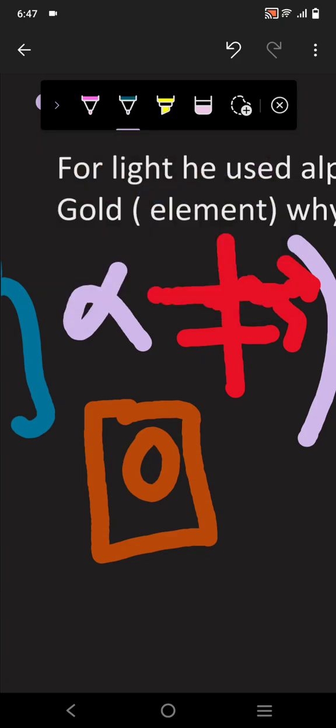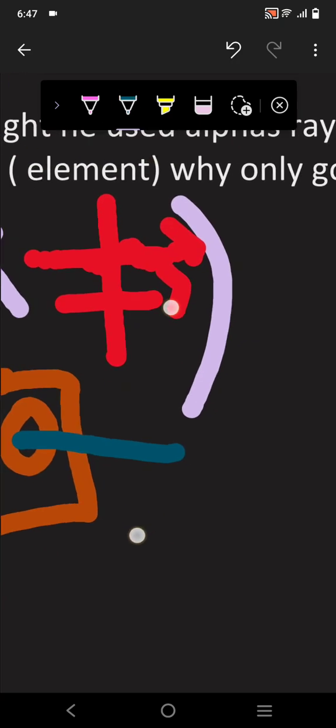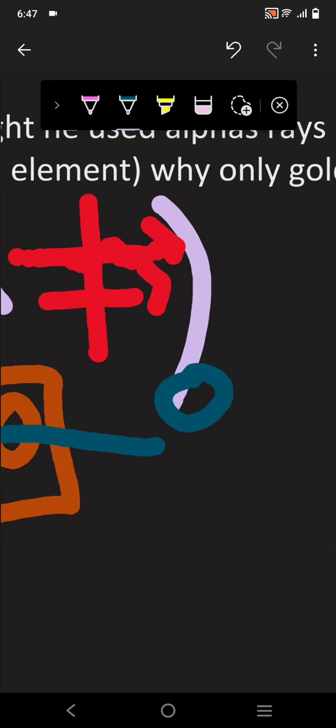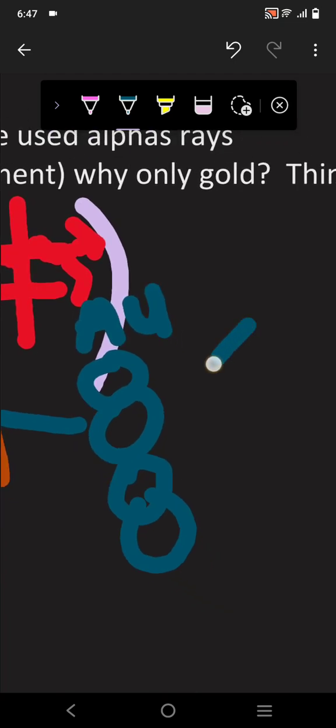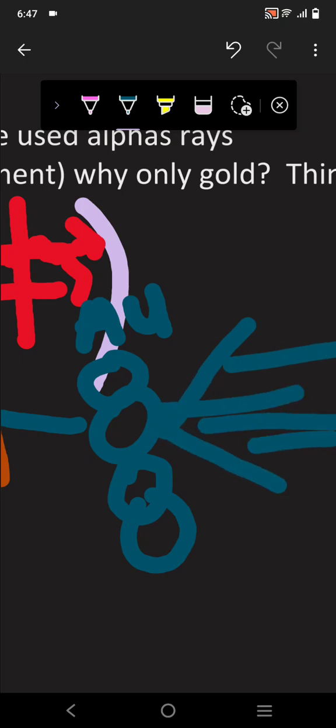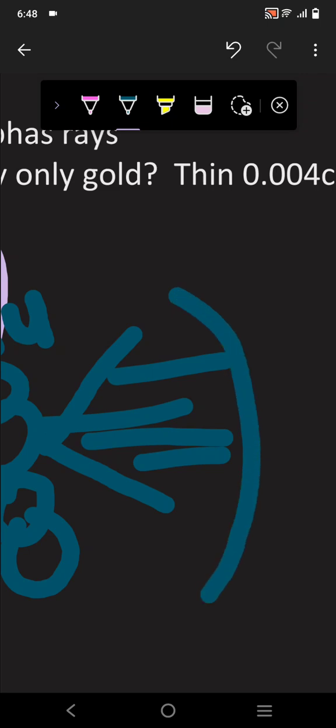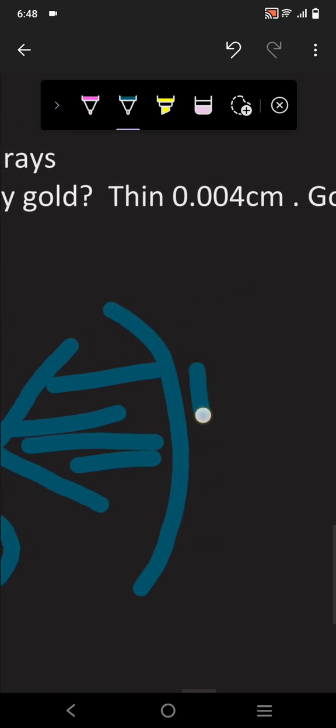Now the rays came out. Those rays strike the gold that he placed. The rays went to Au, and from there the rays got scattered, spread out. Then they came and hit our fluorescence screen.